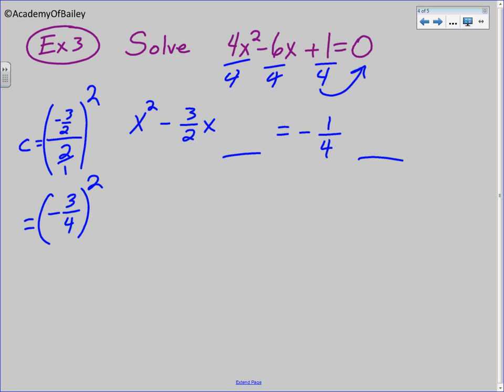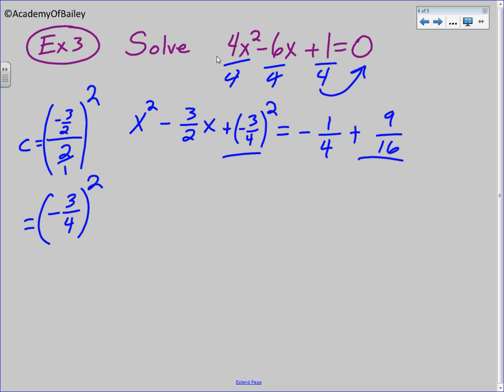And let's go ahead and put this here, plus -3/4 squared. And what is -3/4 squared? Negative times a negative is a positive. You multiply the top numbers to get 9, multiply the bottom numbers to get 16.